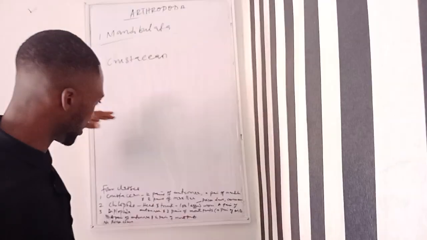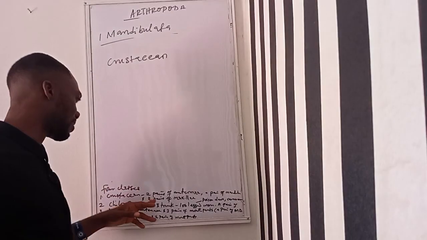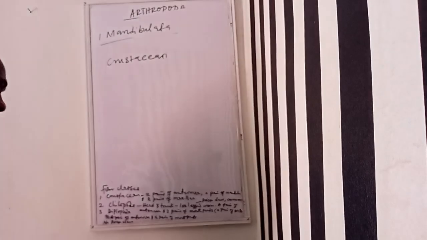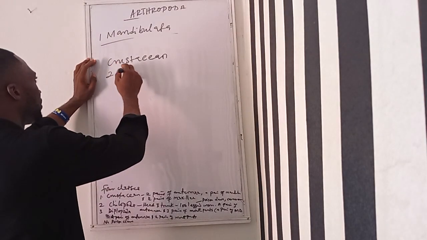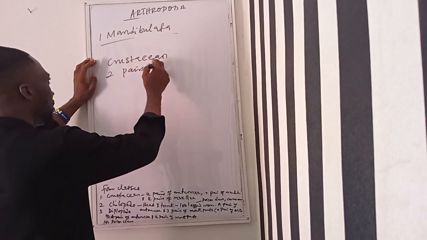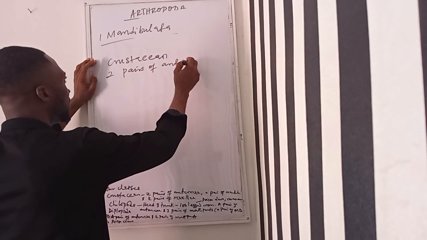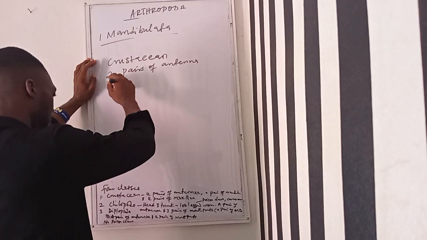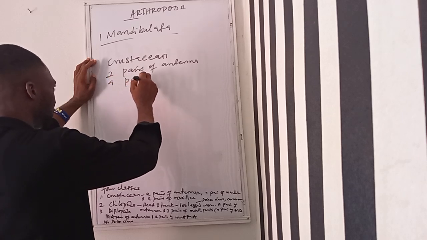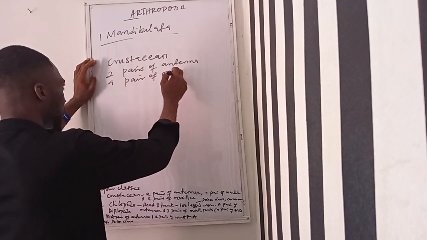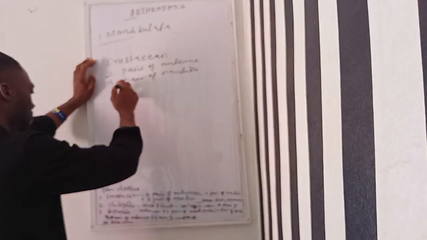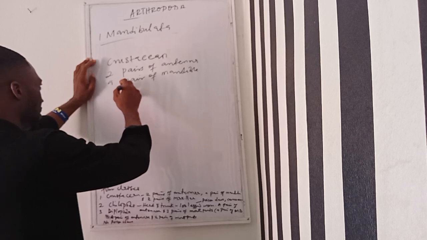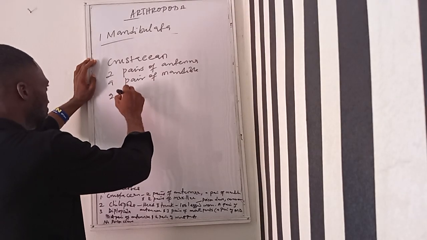The members of crustacean have two pairs of antenna, a pair of mandible, and two pairs of maxilla.